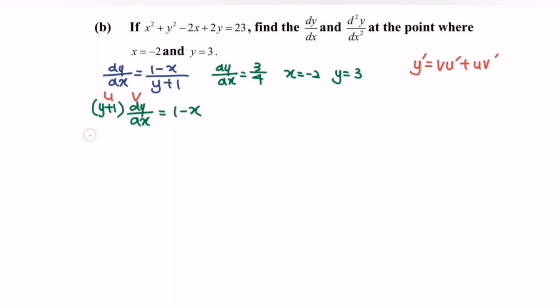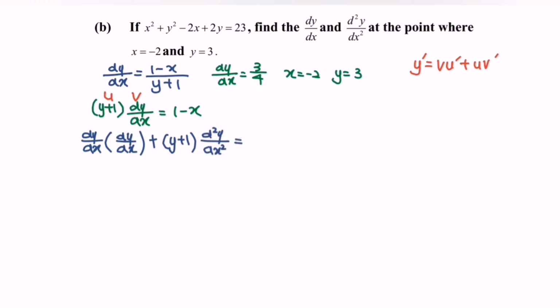So where we will have dy/dx multiplied with u prime, where we have to differentiate y plus 1 with respect to x, and we will have dy/dx. Plus, we have u, where we have y plus 1, differentiate the v prime, and we will have the second derivative.